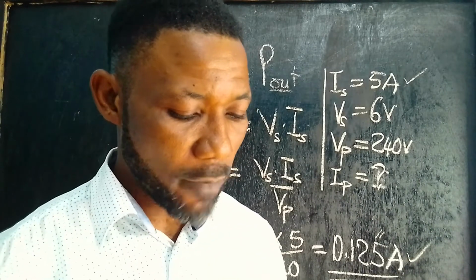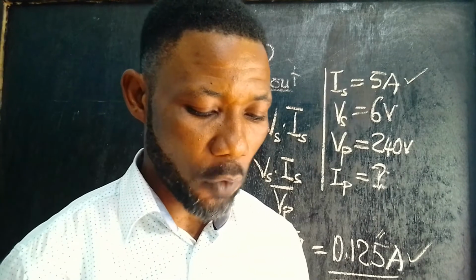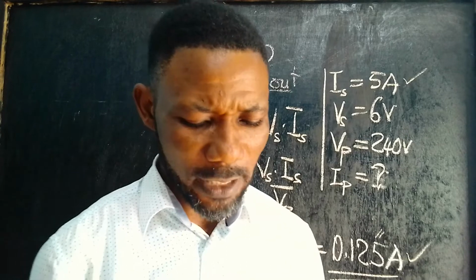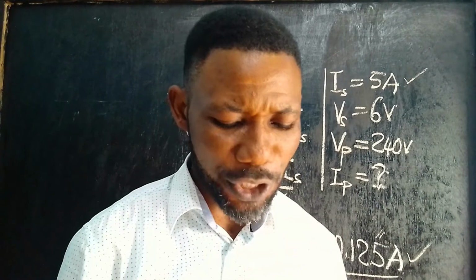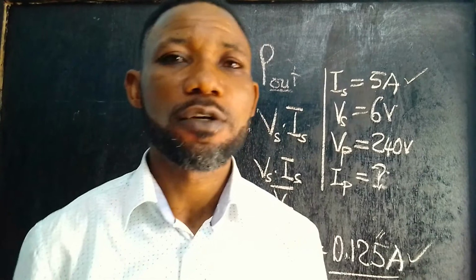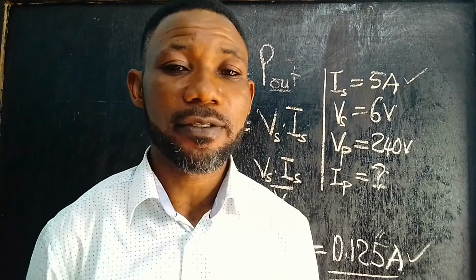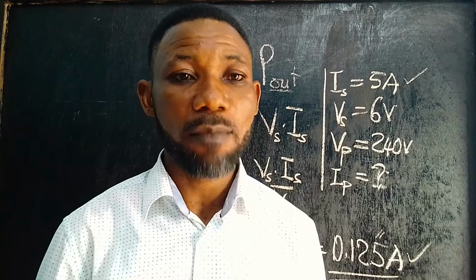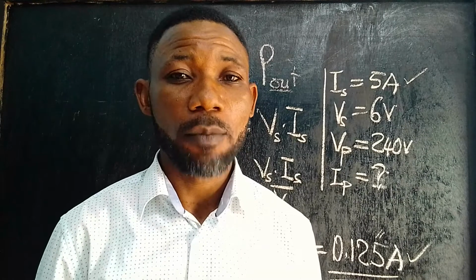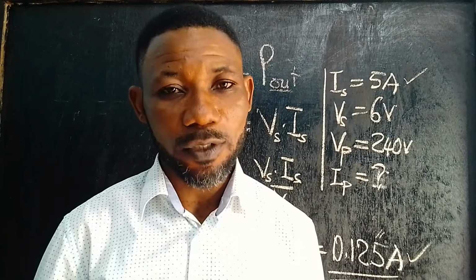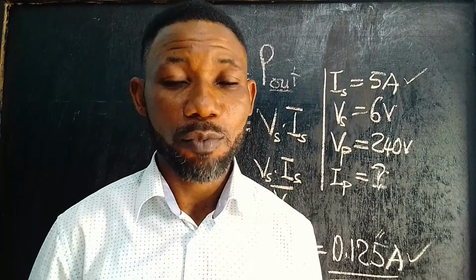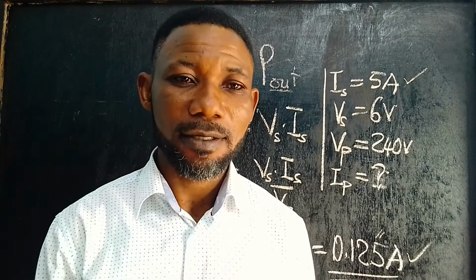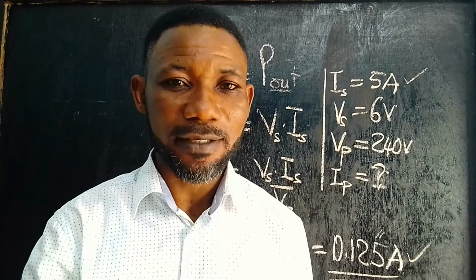The next question, number 2: state the law of conservation of linear momentum. The law of conservation of linear momentum is very simple. It states that the total momentum before collision is equal to the total momentum after collision, provided the external resultant force is 0, provided there is no external force acting on the bodies when they are interacting.